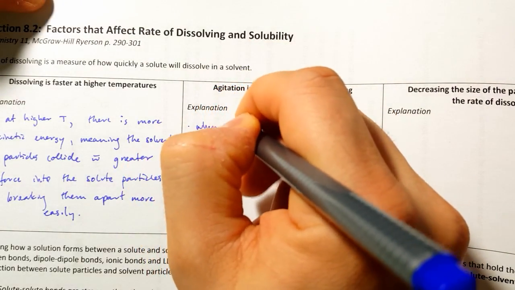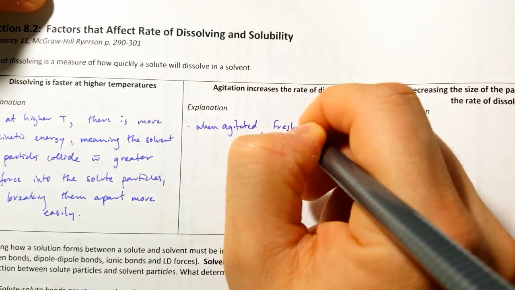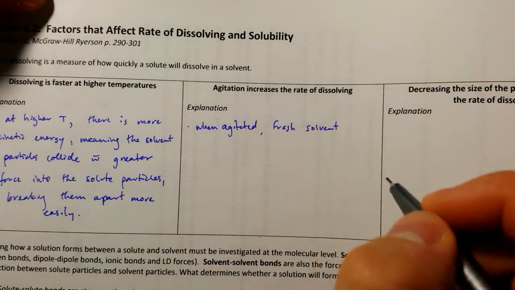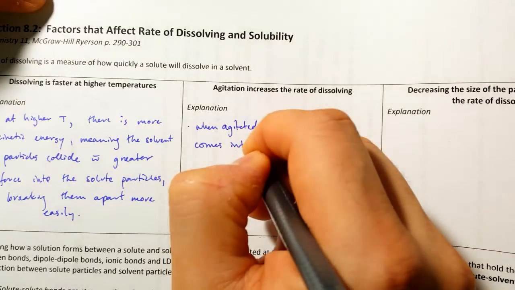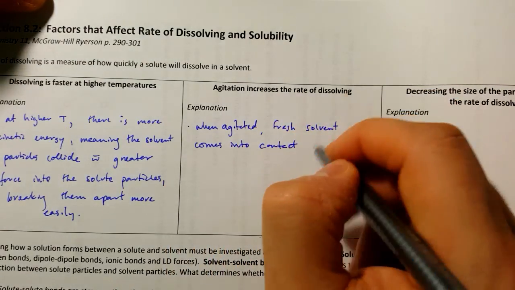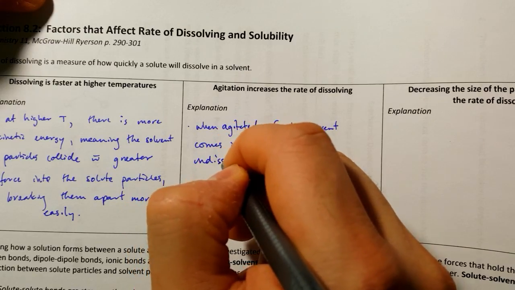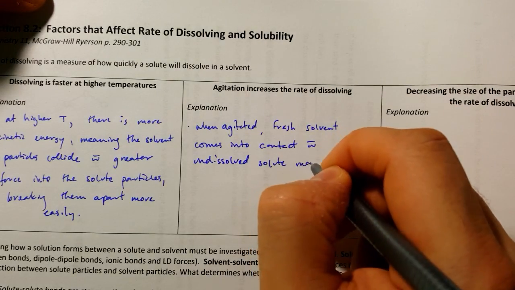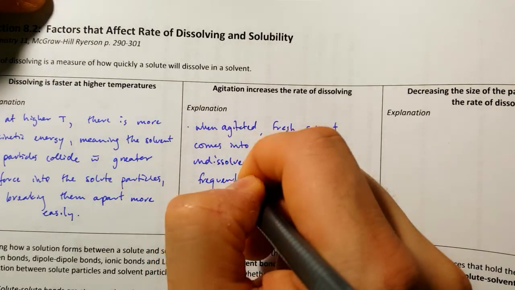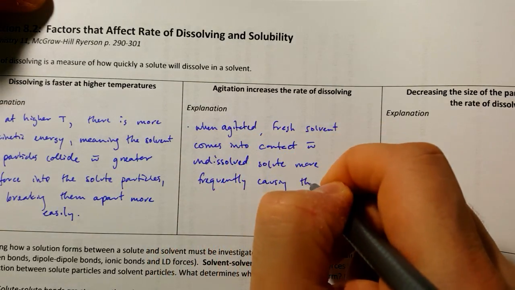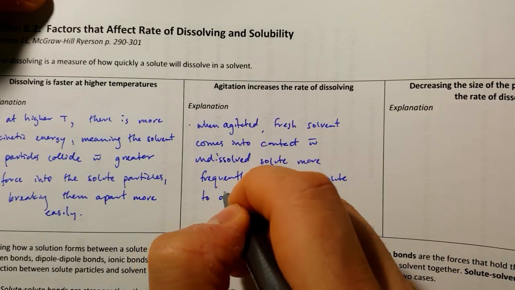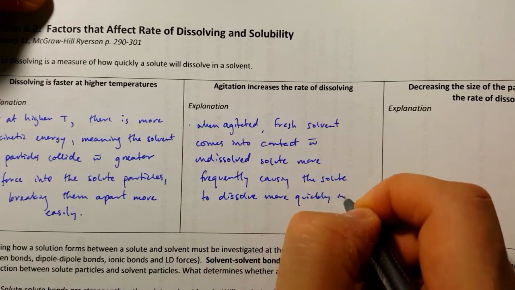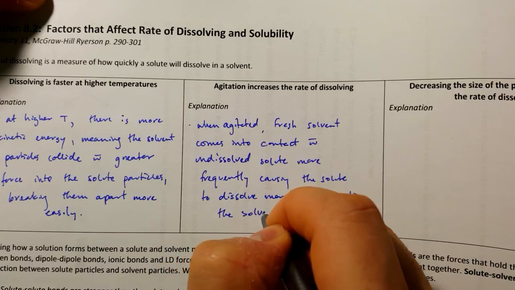When agitated, fresh solvent, and by fresh solvent, I mean solvent that hasn't come into contact with solute yet, comes into contact with undissolved solute more frequently, causing the solute to dissolve more quickly into the solvent.